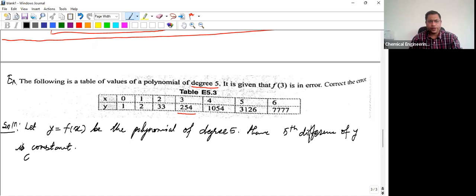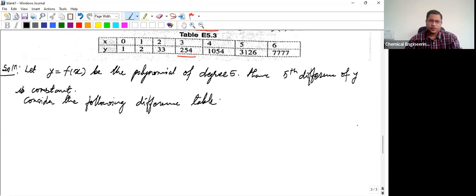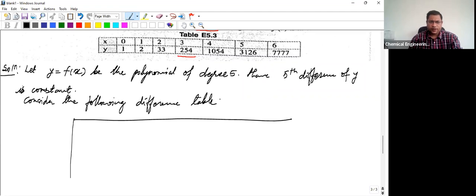Okay, so what we do is consider the following difference table. Okay, so let us construct the difference table. Again, same as we constructed before.